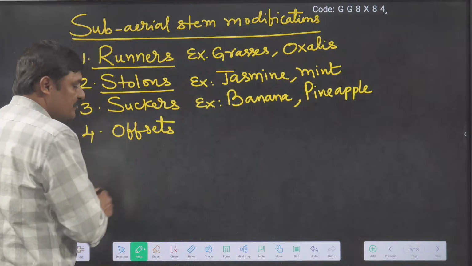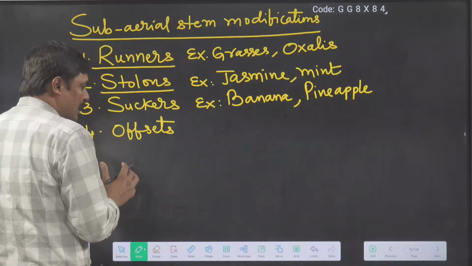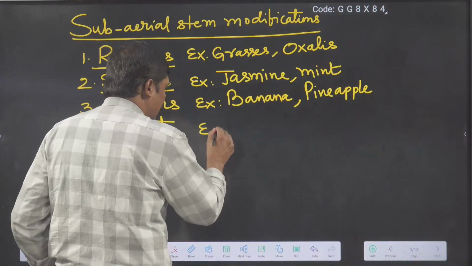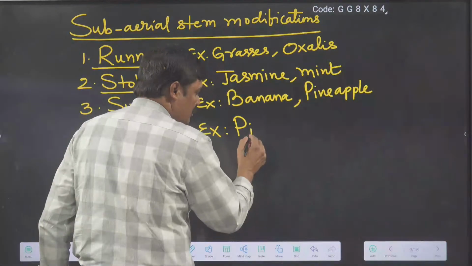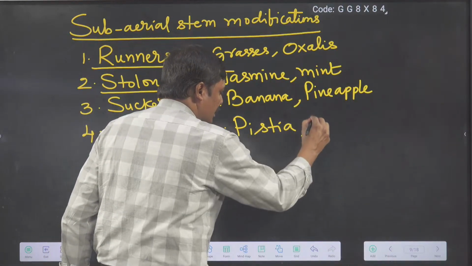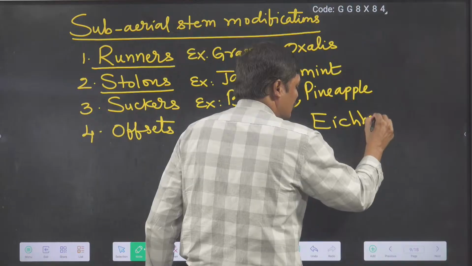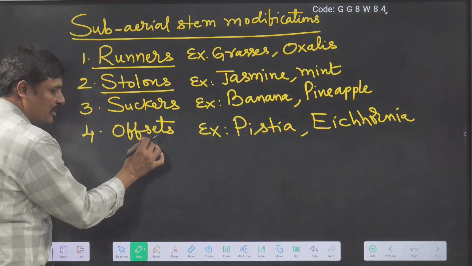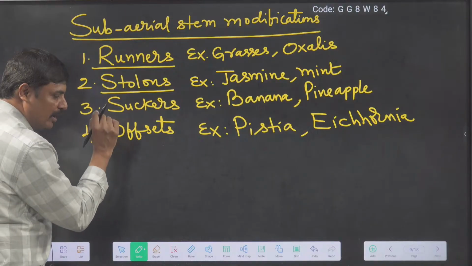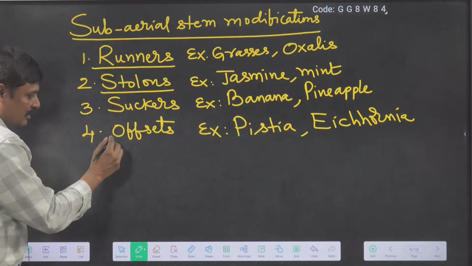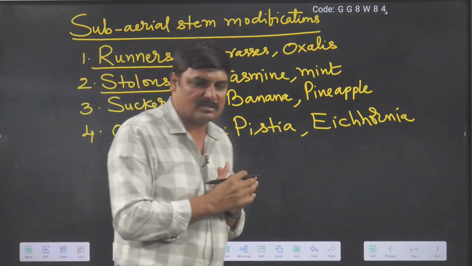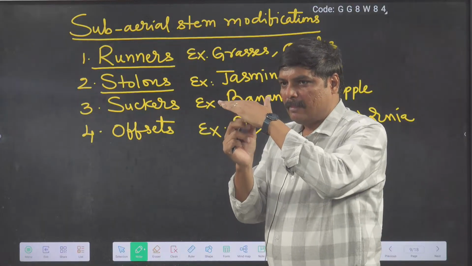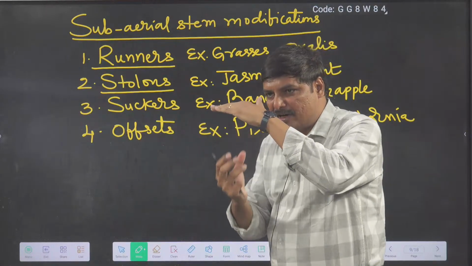And finally, offsets. These offsets are commonly found in freshwater plants like Pistia and Eichhornia. Water plants. In these plants, the stems are one internodal length branches. On the lower side of the node, it produces adventitious roots.